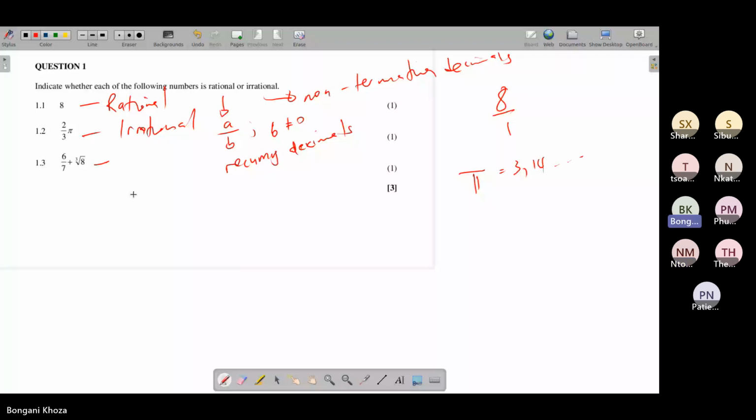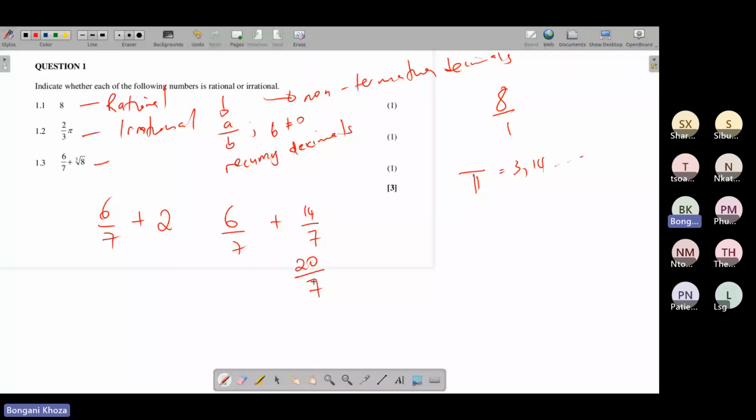So you have 6 over 7 plus the cube root of 8, which is just 2. So this is just 6 over 7 plus, I think this can be 14 over 7 like that, and then you end up with 20 over 7. So this is a fraction. We can write it as a over b. So this ends up being a rational number. So this is rational. Do we understand that part?